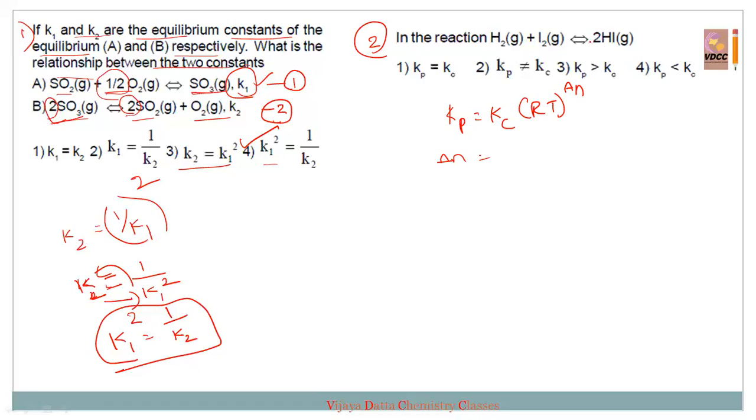See here, number of moles of gaseous products: how many moles? This is a gas now. 2, minus number of moles of gaseous reactants: 1 mole, 1 mole, 1 plus 1 is 2. 2 minus 2 is equal to 0. That is nothing but delta n equal to 0.